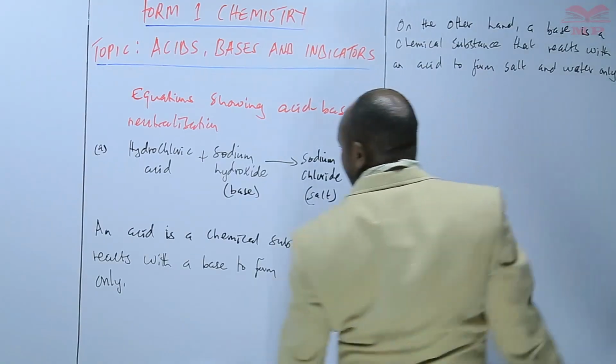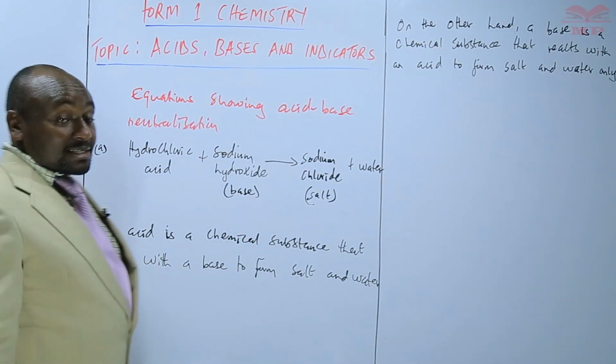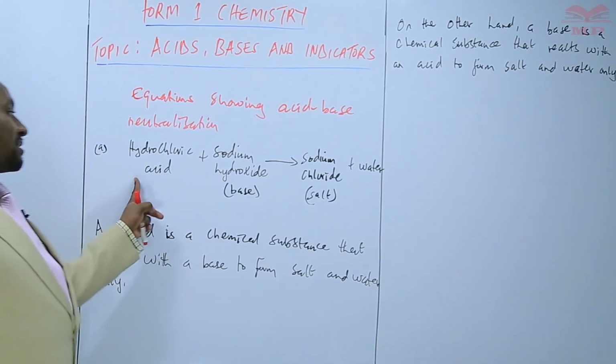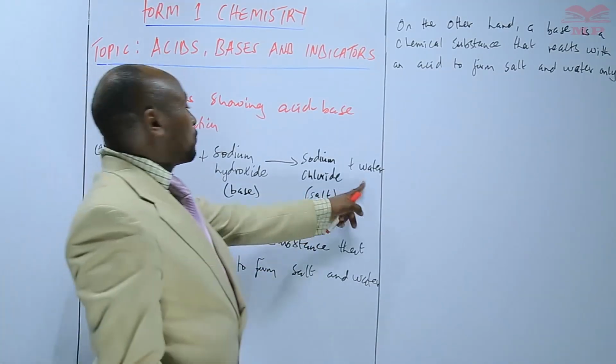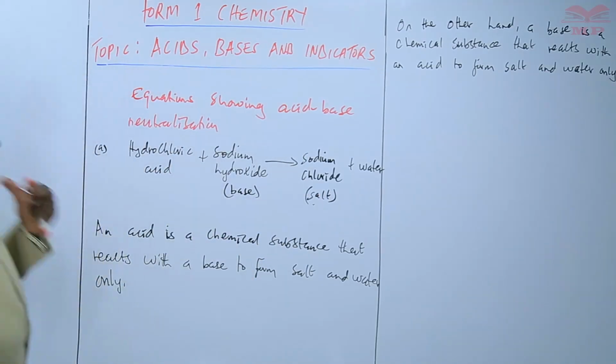So we have seen that we can use that equation to define what is an acid and also to define what is a base, because we are saying that an acid reacts with a base to form salt and water. A base reacts with an acid to form salt and water.